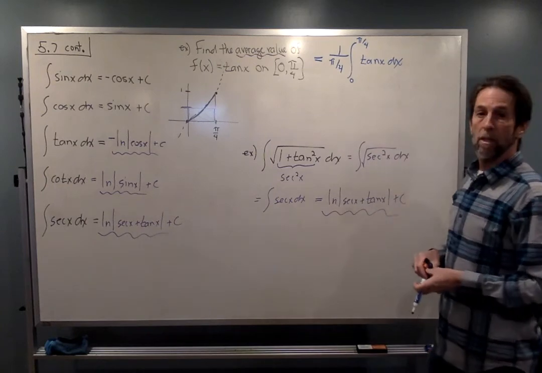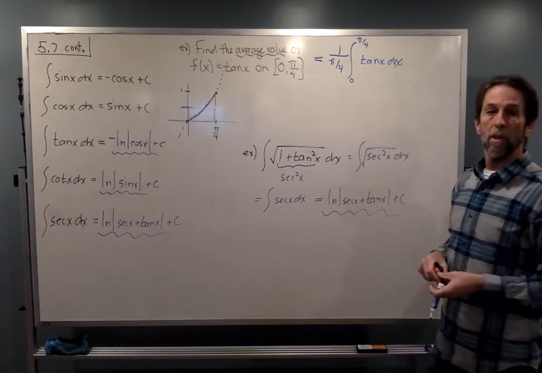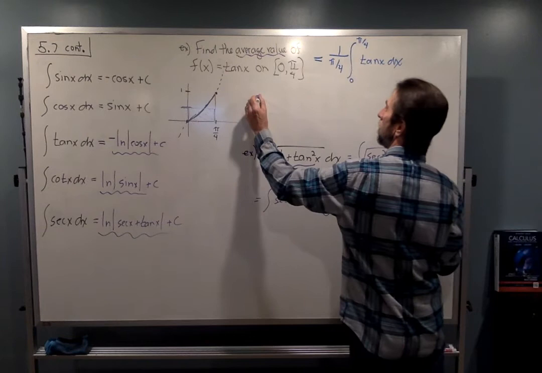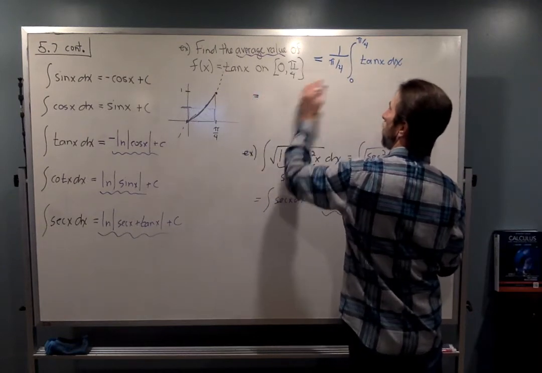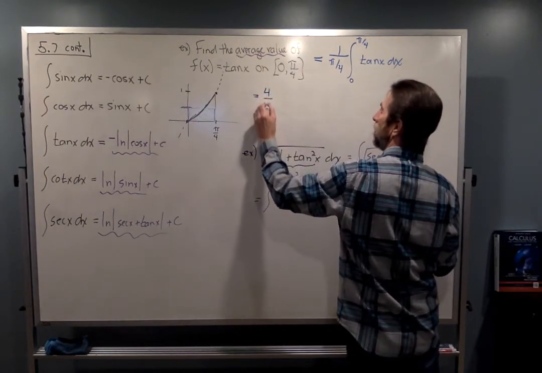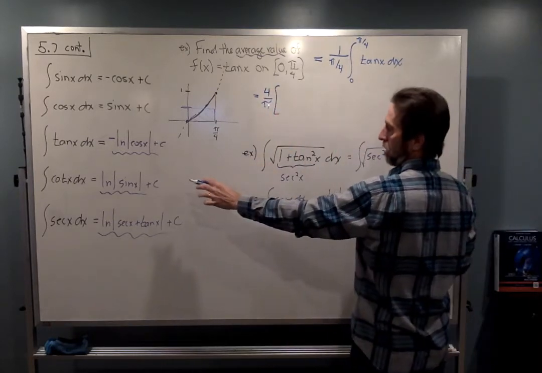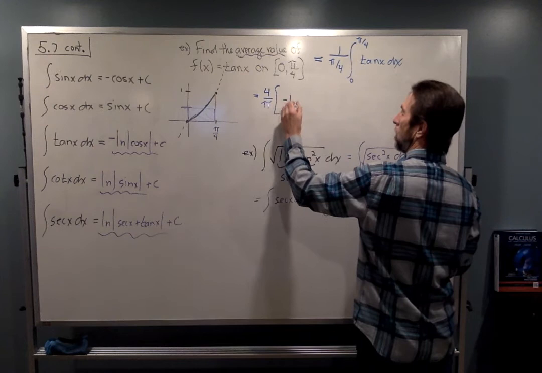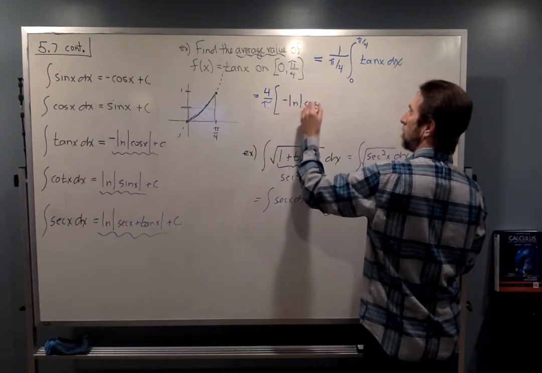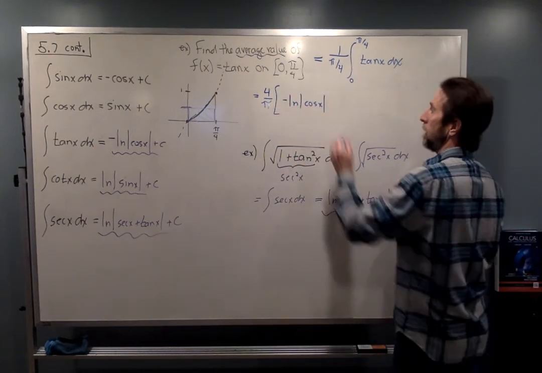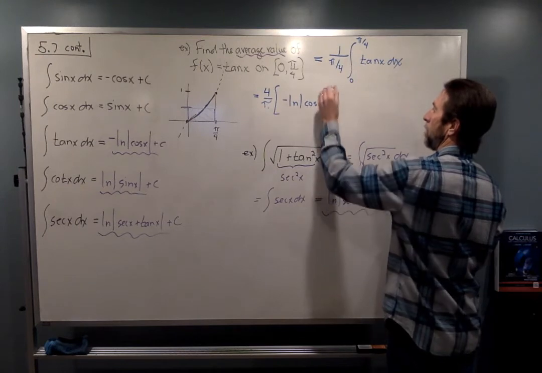That's going to give you the height. But now we have to find out the integral of tangent, which we already know. So 1 over pi over 4, by the way, is 4 over pi. The integral of tangent we can see is negative log of cosine. Okay, and we're going to integrate that from 0 to pi over 4.